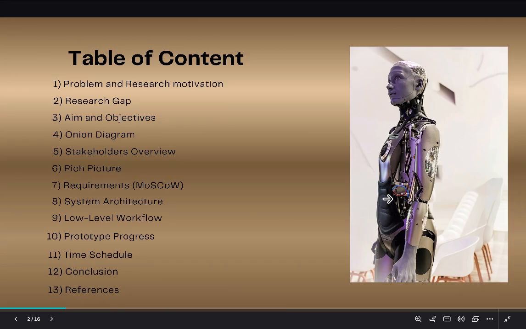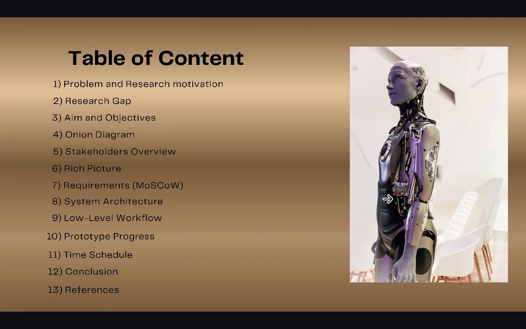In this presentation, I will quickly work through the full story of my project. I will start with the problem and motivation, then the research gap, and then the aim and the objective. After that, the onion diagram and the stakeholder list, and I will show the rich picture also.